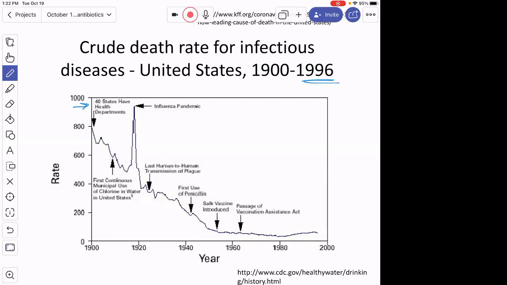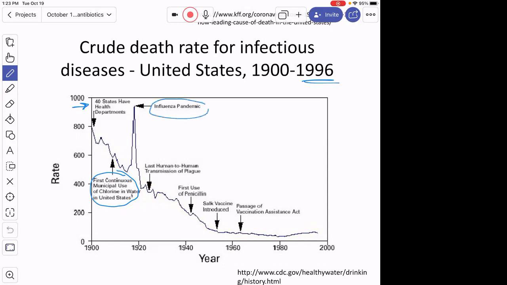This was more like the 1860s, 1870s with Louis Pasteur and Robert Koch understanding what caused disease, advances in hygiene. We started to understand the importance of this, and we've got the government structures in place like health departments. We started treating our drinking water.